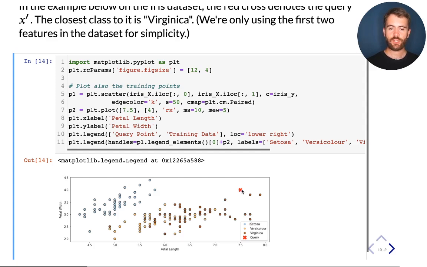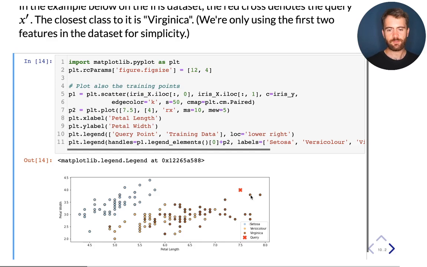Now imagine that we have a query point, which I'm denoting here with this red cross. This is a new flower whose measurements we collect, but we do not know its true species, and we would like to predict this species from data. If we were to apply nearest neighbors, we would look at the closest data point to this flower, which happens to be this data point, and then we would simply return the class of this data point, which happens to be Virginica.